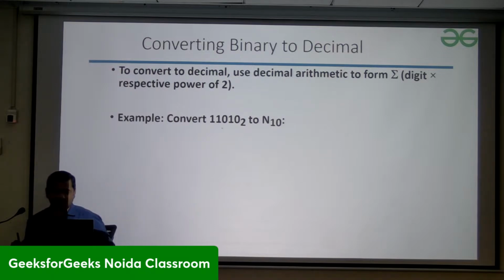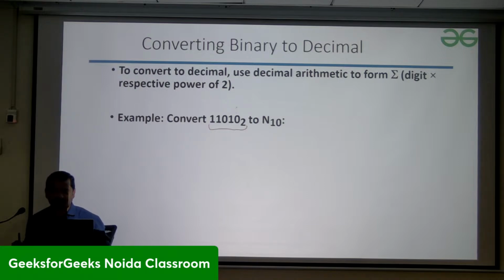Okay, so let me have this example here: convert 11010 base 2 into base 10. So just do it faster and let me have your answer. 26. How did you do this? Just simply adding the positional values. That is only possible if you have recall of those power terms.